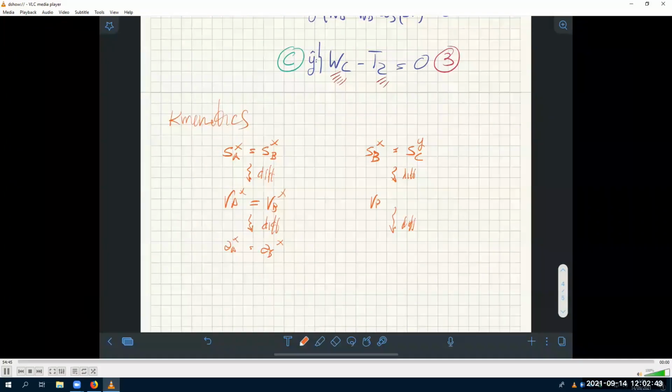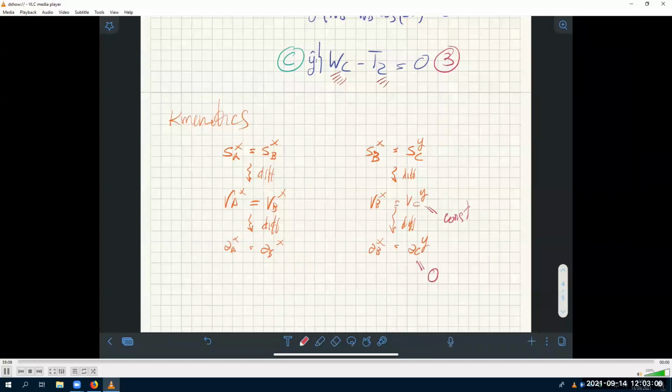The velocity of Bx equals the velocity of Cy. And the acceleration of Bx is the acceleration of Cy. We know that this one is 0, because this one is constant. Remember, this is what we said earlier, that C is descending at constant speed.